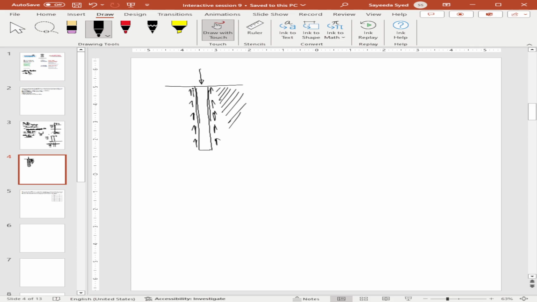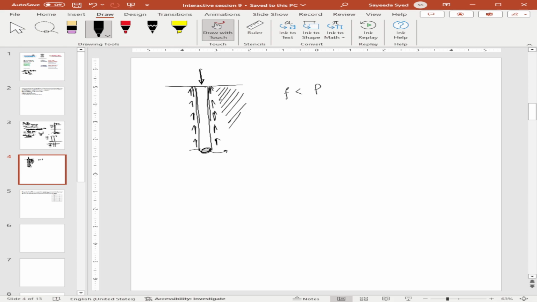If the frictional resistance is less than the stress we have put over this pile, then the end of the pile acts like a shallow foundation in terms of load transfer, because now it will stop the penetration of the pile not because of friction, but because of end bearing resistance.